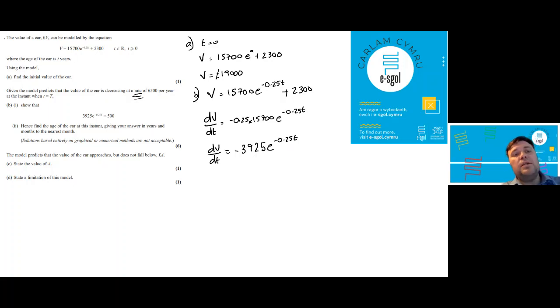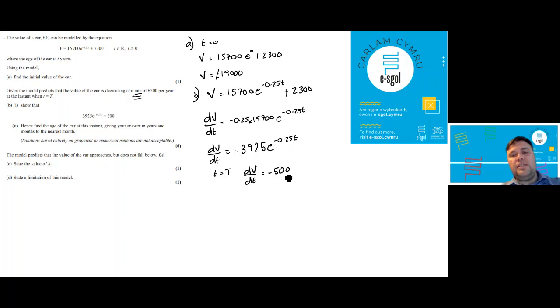We're told that the value of the car is decreasing at a rate of £500 per year at the instant when little t is equal to capital T. So when t equals T, dV by dt is equal to minus 500, again because it is a decreasing rate.